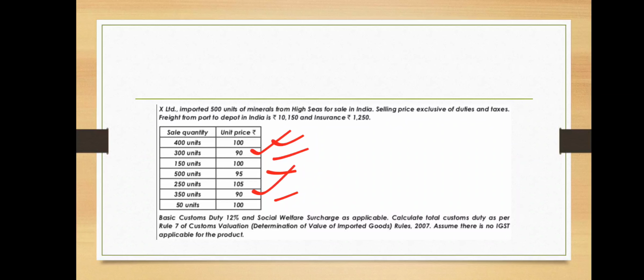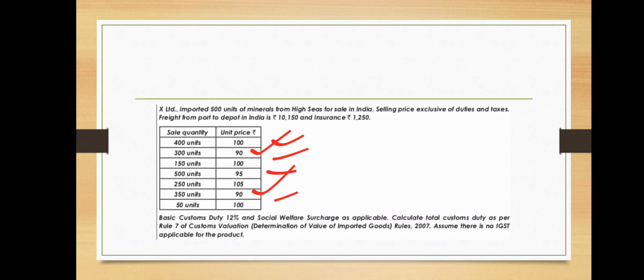So 650 quantity sold. Basic custom duty is 12% and social welfare charges as applicable are 10% of that, so obviously it becomes 13.2%. Then calculate total custom duty as per rule 7 of the Customs Valuation (Determination of Value of Imported Goods) Rules, 2007.